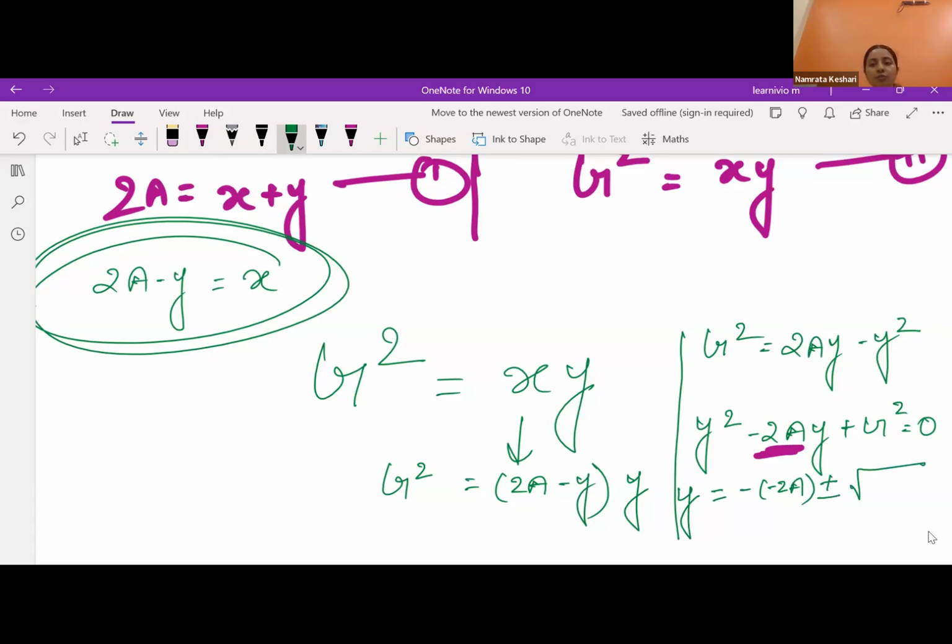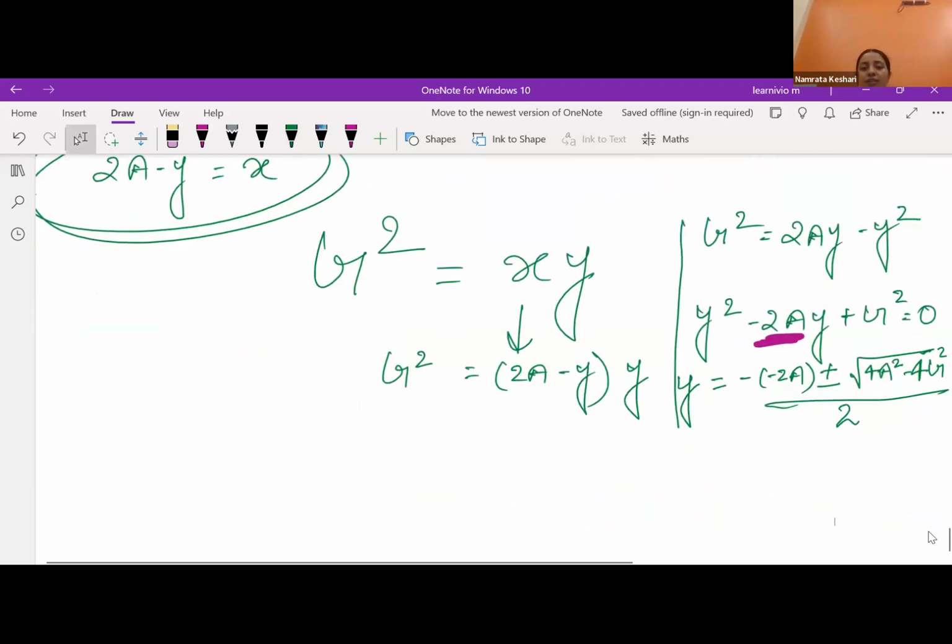Minus 2A whole square will be 4A square, minus 4ac. Here the variable is y, a is 1 and c is capital G square. So can I write 4G square, divided by 2a? a is 1.